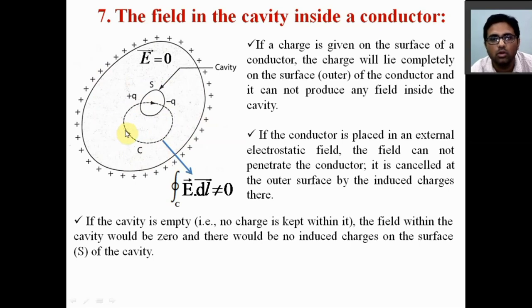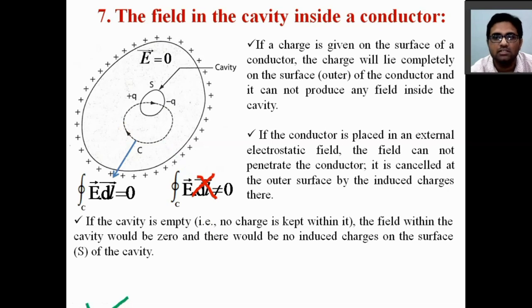But you know, for an electrostatic field, the total closed line integral of E dot dl will be 0, because the electrostatic field is conservative in nature, right? So we can say there will be no fields inside this empty cavity, or there will be no induced charges on the surface of the cavity, right?